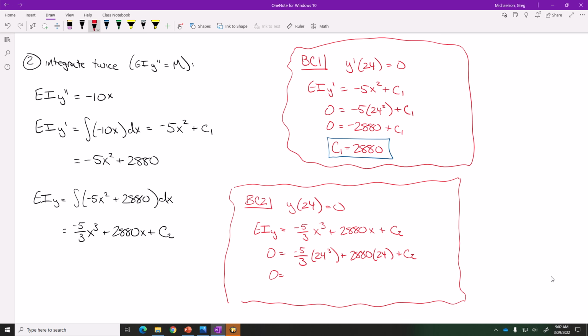So 5 divided by 3 times 24 to the third. I'm getting negative 23,040 plus, this is 69,120, right?